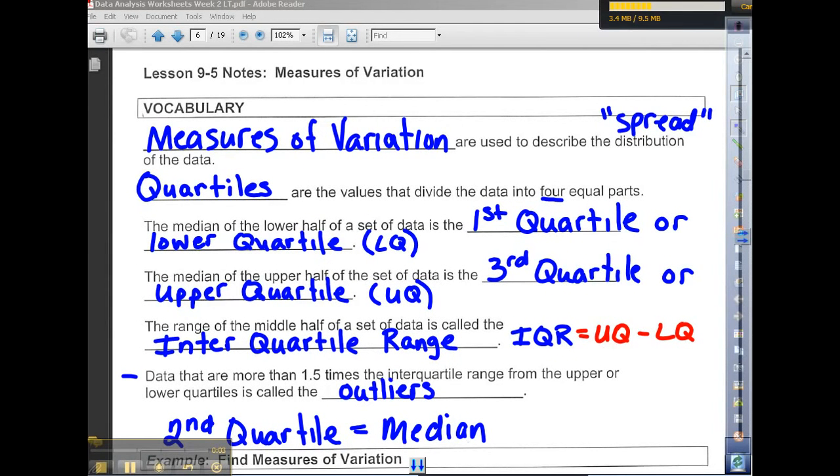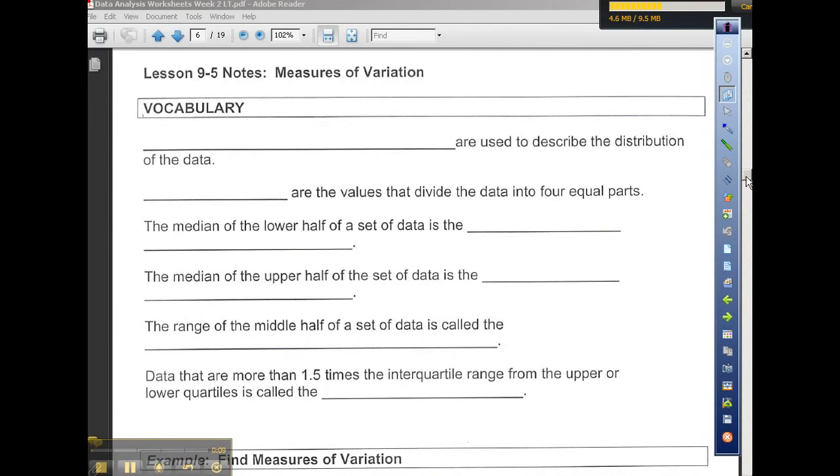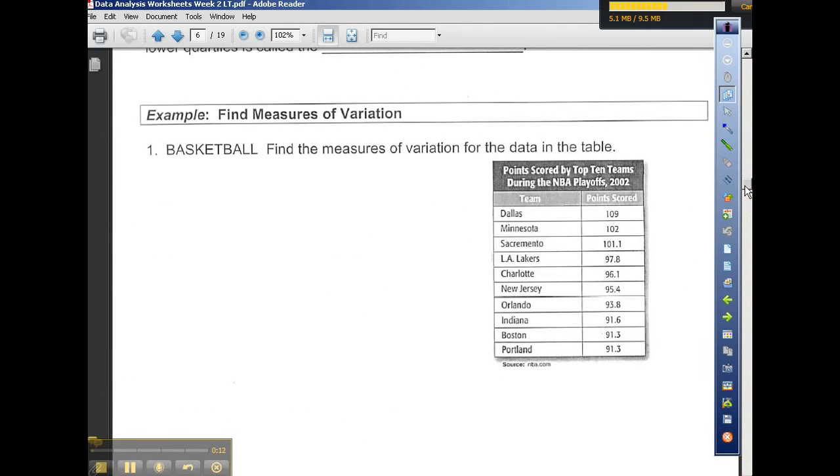Measures of variation, video 2. Okay, now that we've got our vocabulary down, let's see how we use all of this. Let's scroll down to here. It says find the measures of variation for the data in the table. All right, the first step, write this down.